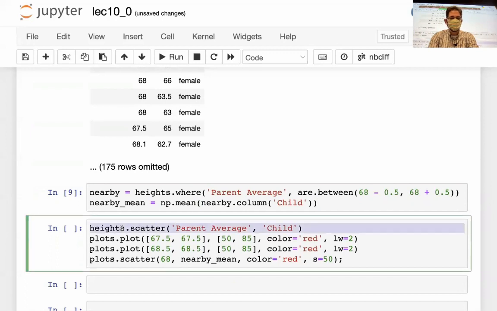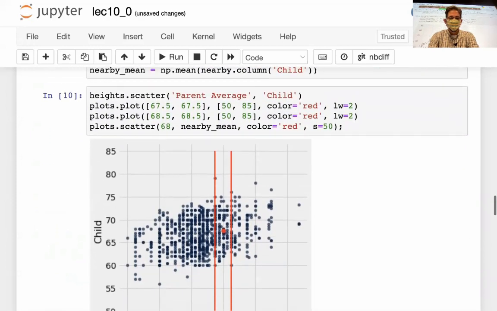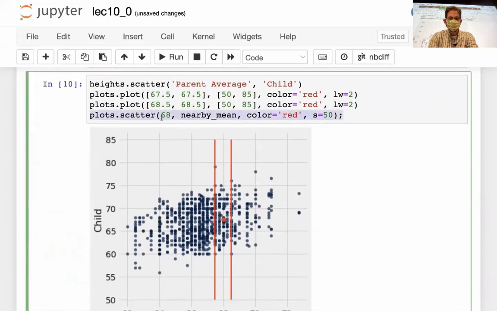So now I'm going to plot the same scatter plot as before, the same two red lines as before. I'm going to add one dot. This adds one dot. And that dot is the average of just the blue dots within the red bars. This seems like a reasonable guess of an average height of a child.